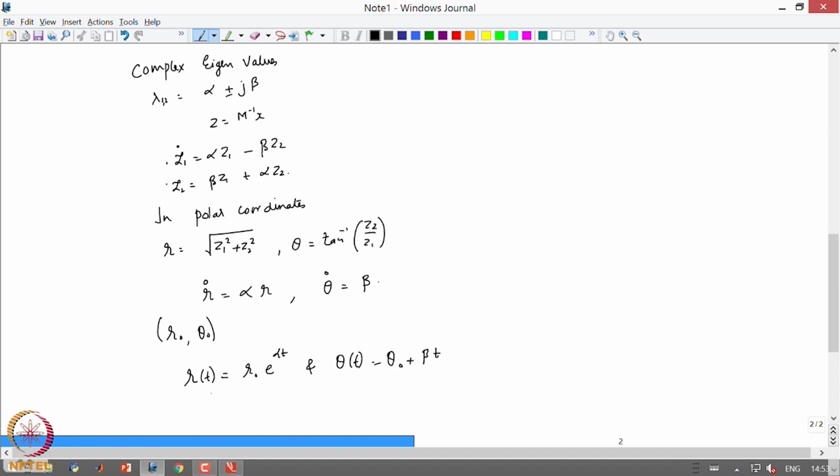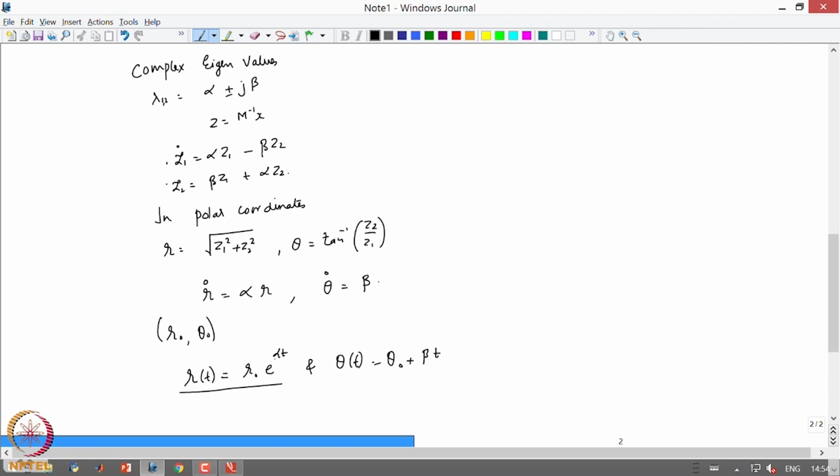Okay. So, this is interesting here, right. If I am looking in the polar coordinates, I am looking at the radius, so to speak, which has an exponential term depending on t.